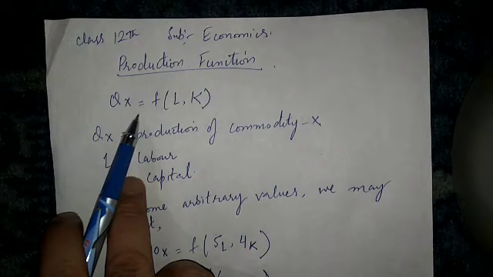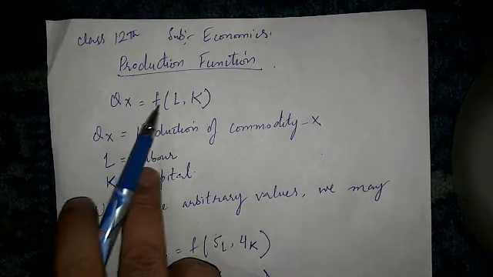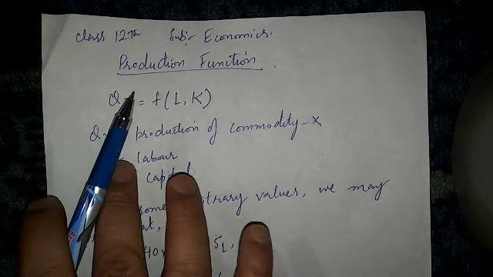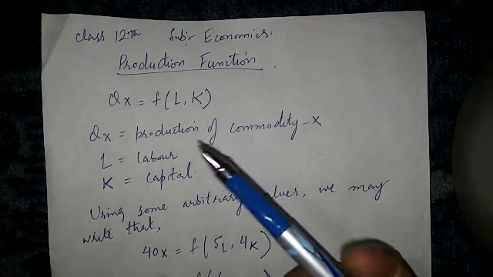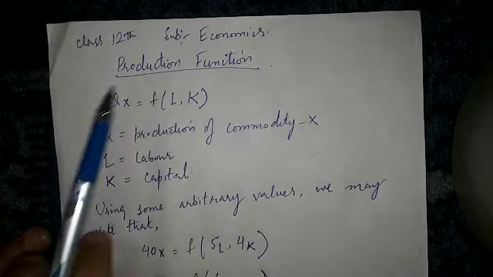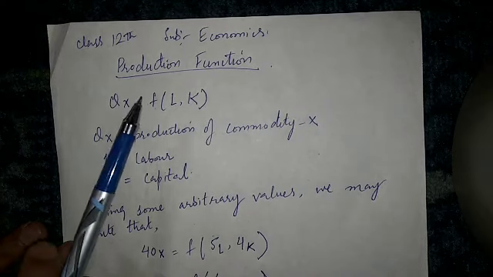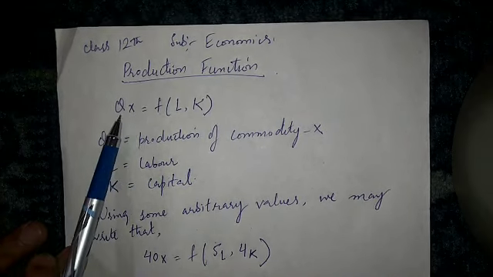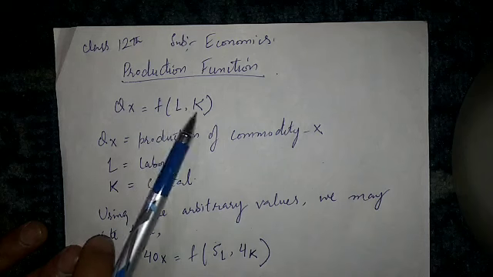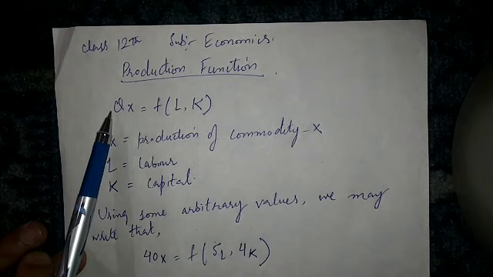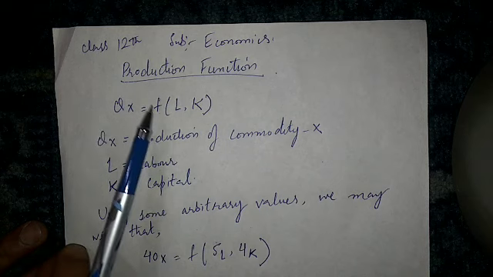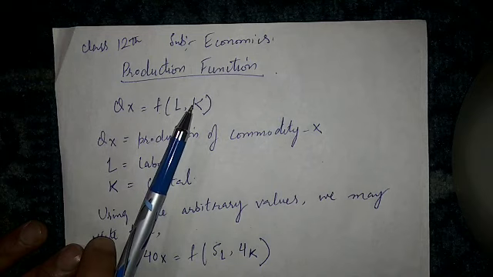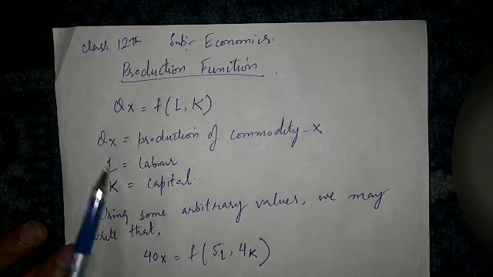So it's expressed in the following form. If we write that Qx is the function of L and K, here Qx is the production of commodity X, and it is a function of labor and capital.